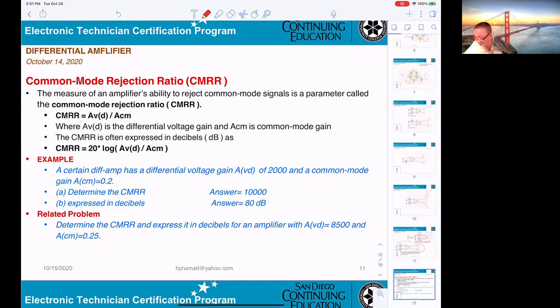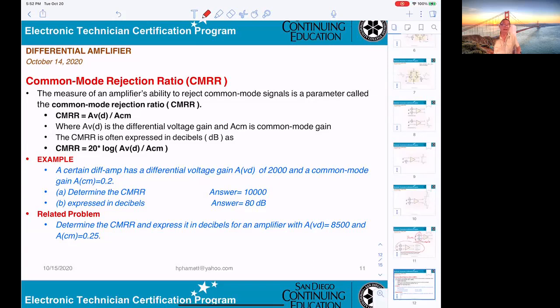They say the measure of an amplifier's ability to reject a common mode signal is a parameter called the common mode rejection ratio. The definition: the common mode rejection ratio equals AVD divided by ACM. What do they mean by AVD? A means voltage gain, and VD means the voltage gain of the differential amplifier.